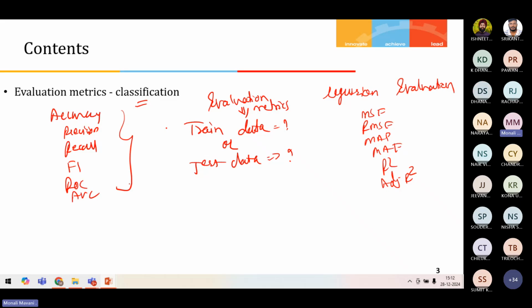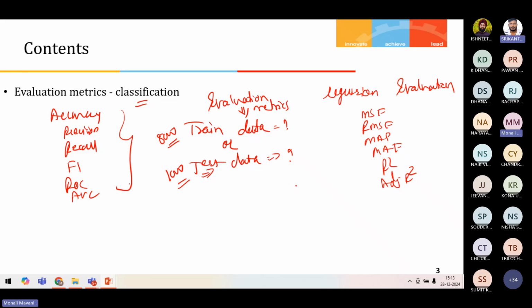Say for example, I have 8,000 training examples and 1,000 examples in a test data. We use the 8,000 examples on the trained data to come up with the best values of thetas, the model parameters. Then we plug in those model parameters and use the hypothesis function on the test data. For each of these 1,000 examples, we predict, whether it's a regression or a classification, a real number or a class label.